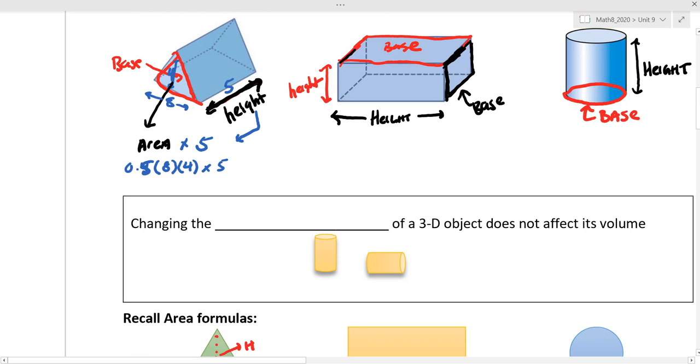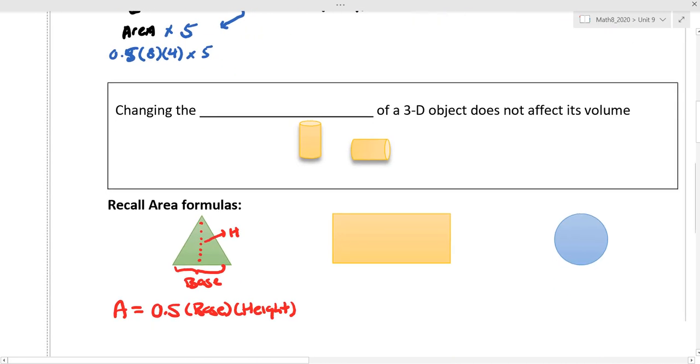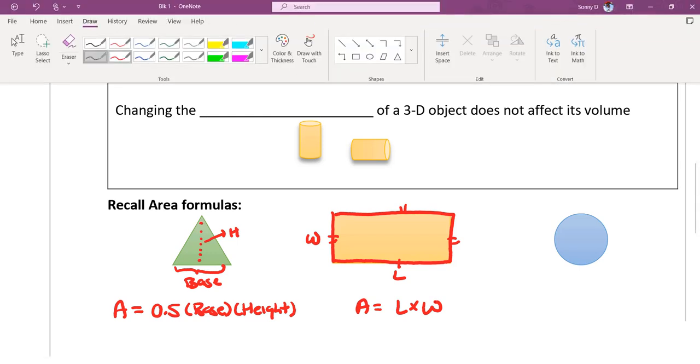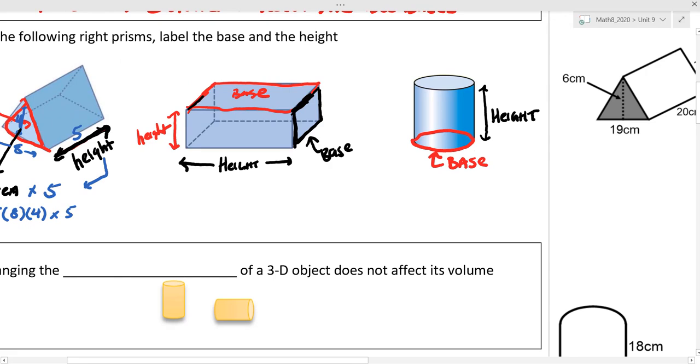So if you were wanting to calculate the volume of a rectangular prism, the middle shape there, we need to find the area of the base, which is a rectangle, and that is done by length times width, right? So area is equal to length times width. And finally, the last shape is the cylinder, where we need to find the area of the base, which is a circle, times the height.